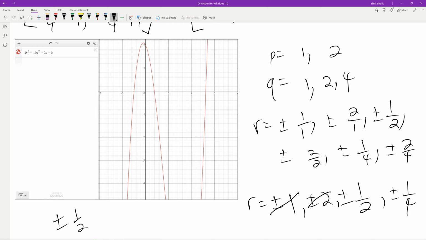Plus or minus 1/4, I would expect to be really close, like here and here or so. So really, those don't make any sense. Plus or minus 1/2 are really going to be the only possible rational roots here, right? And to me, it looks like plus 1/2 is probably not going to be it, but we'll test it anyway.